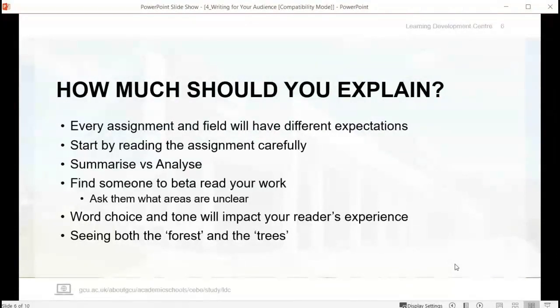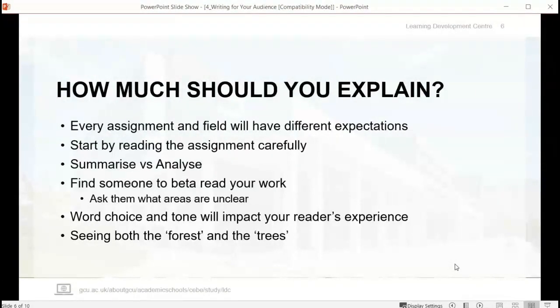Another example of formal language is that you write without using slang or colloquialisms. You write in a way that would not be the way that you speak to your best friend. The way that you speak to your best friend in day-to-day language, that's informal. You want to think about the way that you address someone you respect, someone who you want to respect you. That's the tone that you want.